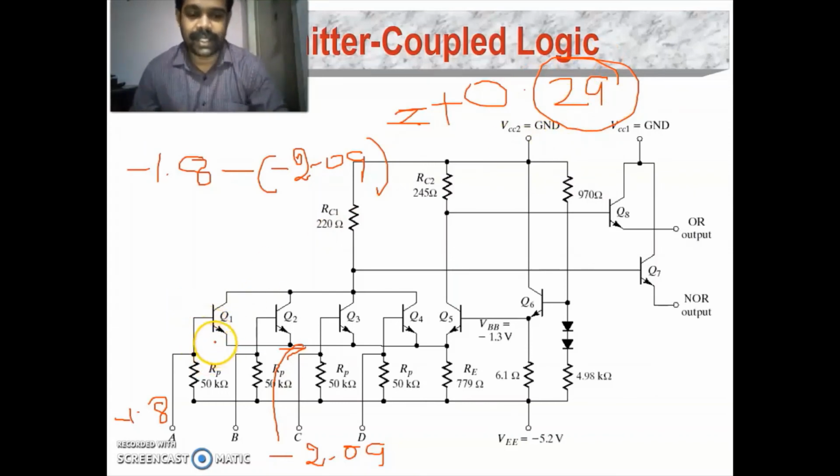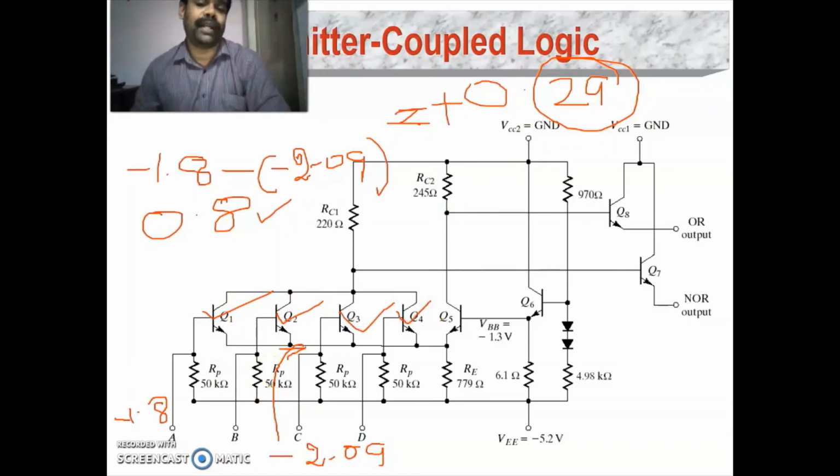This transistor needs 0.8 volt to conduct, but it is having only 0.3. So Q1, Q2, Q3 and Q4 will not conduct.